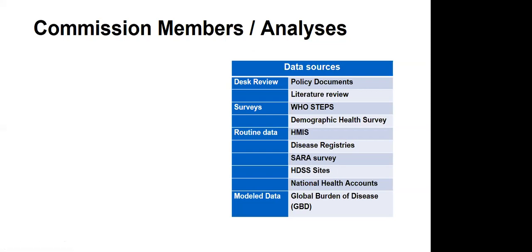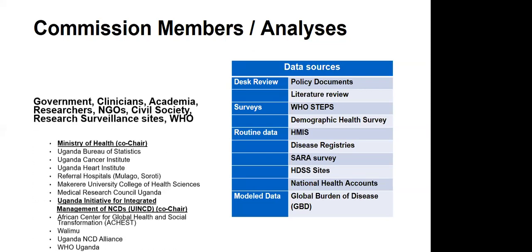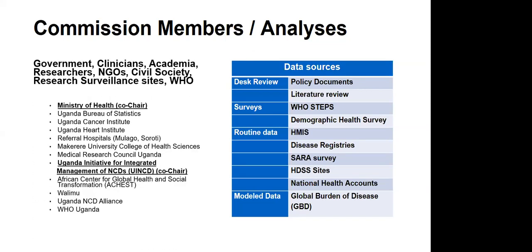And for the model data, we used the Global Burden of Disease. That's where most of the previous figures were derived from. And you can see we worked with a number of organizations from government, clinicians, academia, researchers, civil society, and the WHO. And the co-host organizations were the Ministry of Health, NCD Department, and the Uganda Initiative for Integration of Non-Communicable Diseases.